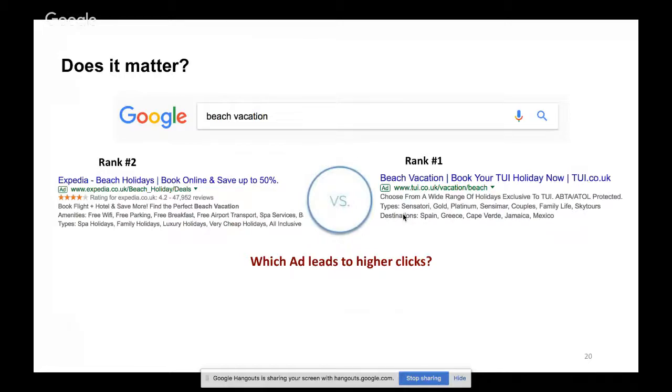Okay, so if I tell you that the one that ranked second on the search engine result page is actually attracting more clicks than the one that ranked at the top, now you will know that even if you don't spend that much money on bidding for the position at the search engine result page, you can still get a higher click-through rate by designing a better ad. Okay, so that's why the design of the ad is very important.